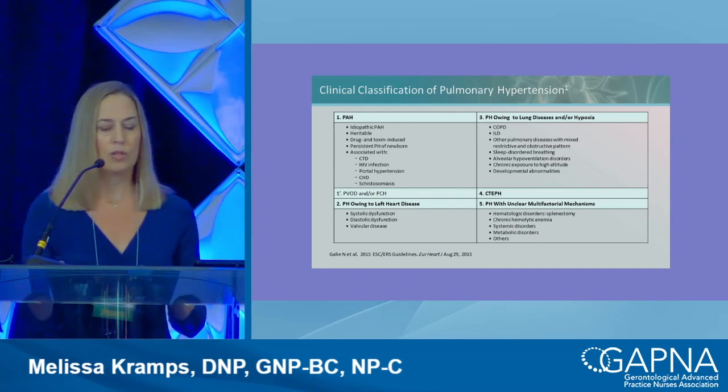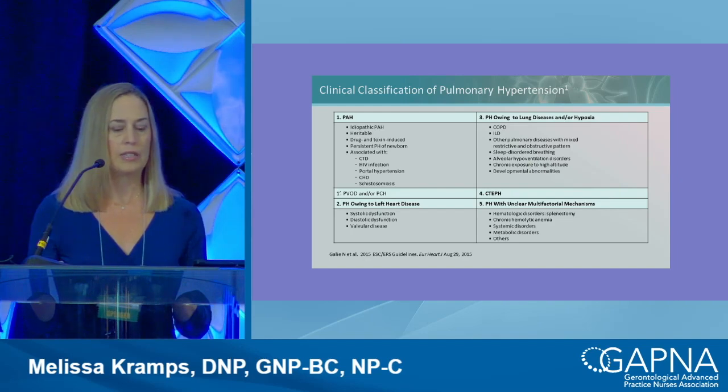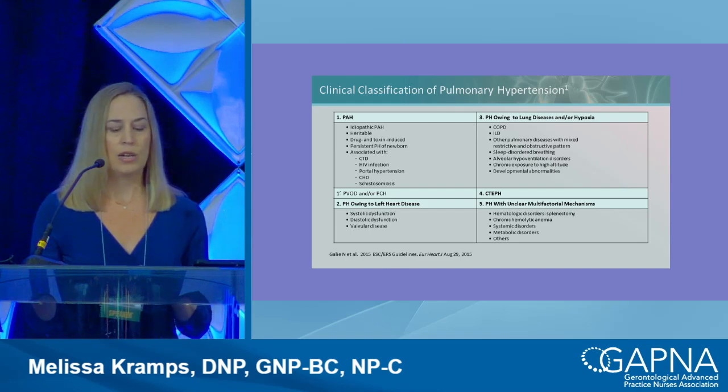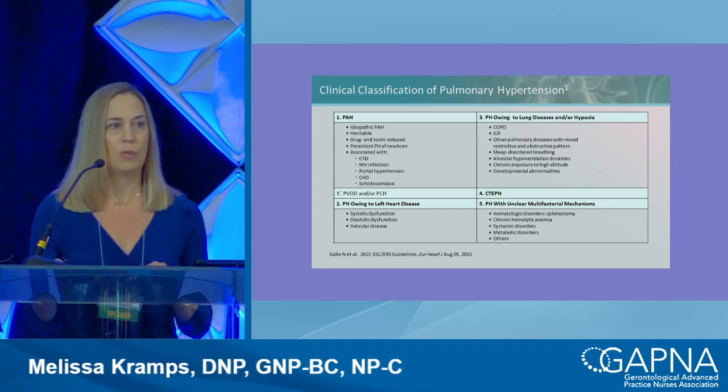This slide shows the 5 World Health Organization groups of pulmonary hypertension and their associated conditions. Group 1 PAH is classified as idiopathic only once all other causes have been excluded. Amphetamines and certain chemotherapy drugs can cause PAH. Connective tissue disease, especially scleroderma, can lead to PAH.